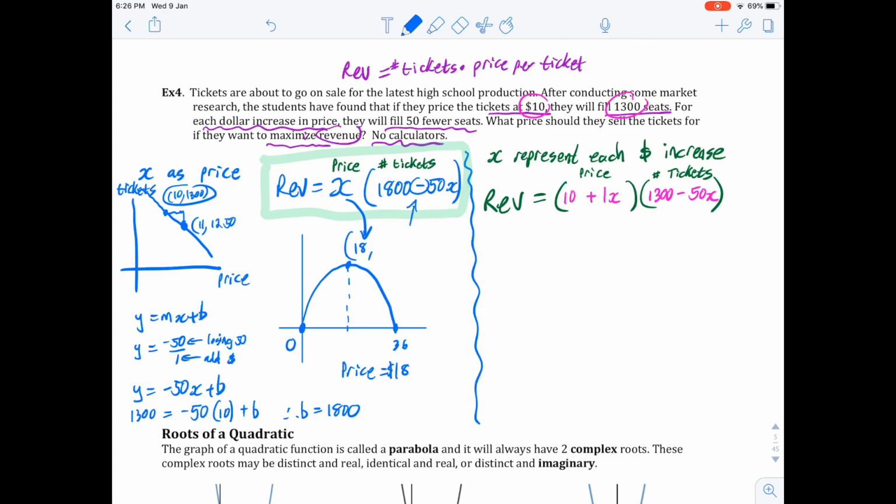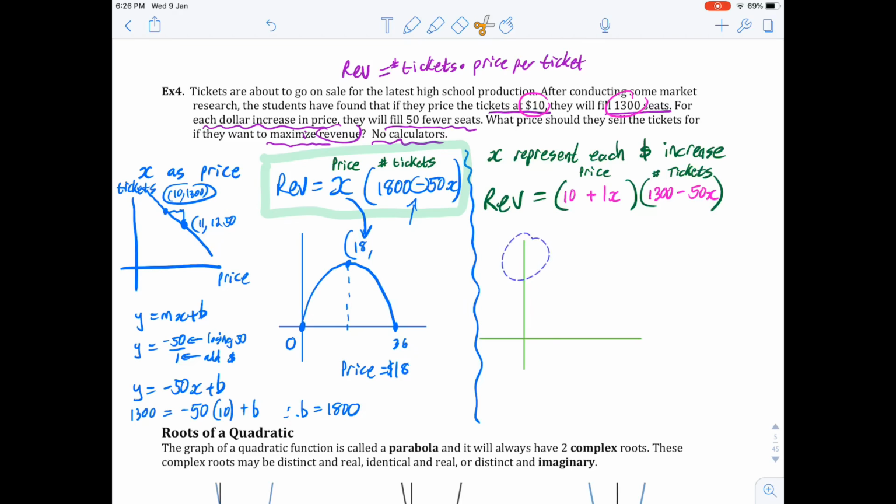Okay, let me show you that we get the same answer in the other problem. And so I'm going to go ahead and sketch my graph of the other revenue function. Okay, and so in this particular case, over here we have a 0 at minus 10, and the other parenthesis produces a 0 at 26.